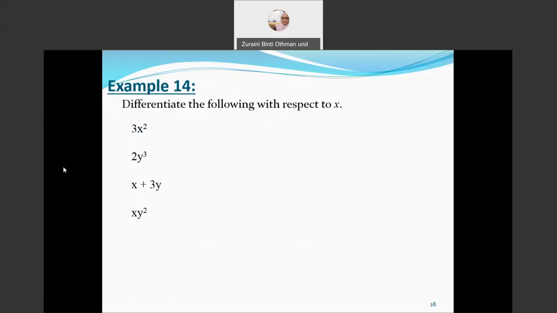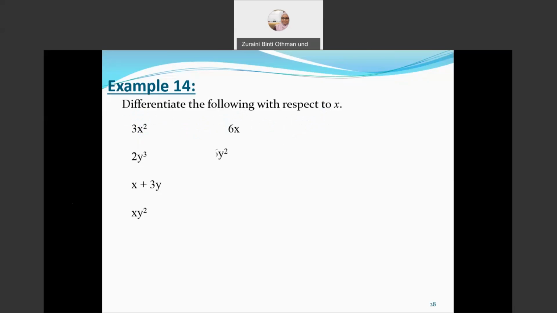So previously we learned how to differentiate this kind of equation, where we have only one variable, which is x. Here we bring 2 to the front, then we get 3 times 2x to the power of 1, which is 2 minus 1 is 1. So it becomes 6x.